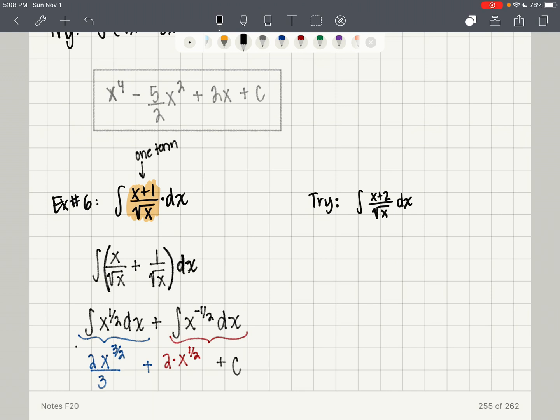Now sometimes the textbook publisher will allow you to just keep your exponents in rational form, and other times they'll want you to put it back into radical form. But this is really good. I believe that you know how to put this back into radical form if you needed to.